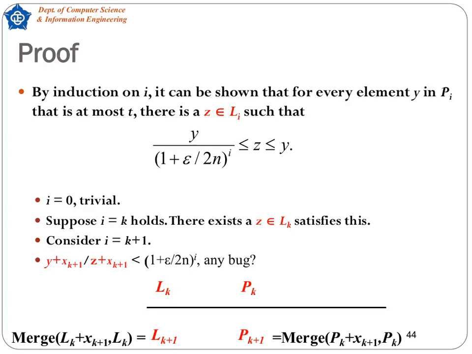Building on our previous result, we now prove by induction on i that every element y in P up to t has a matching element z in L satisfying y divided by 1 plus epsilon over 2n is less than or equal to z is less than or equal to y. Base case, i equals 0. P and L both contain only the initial 0, so the claim holds immediately. Inductive step.